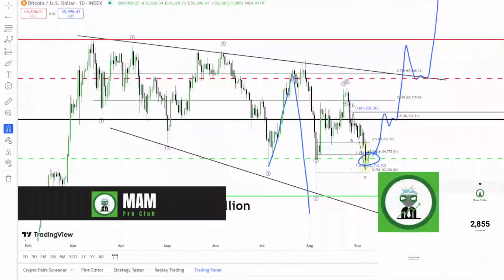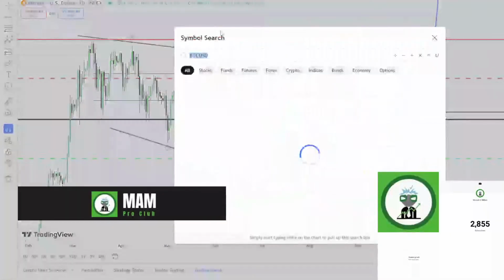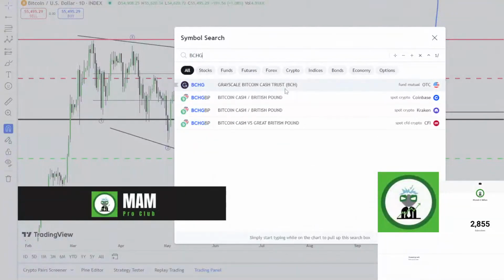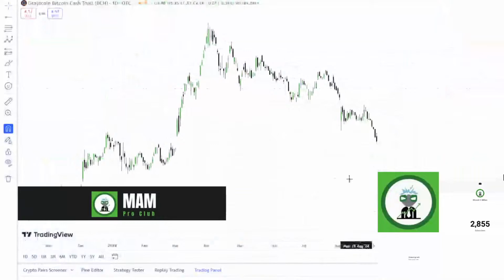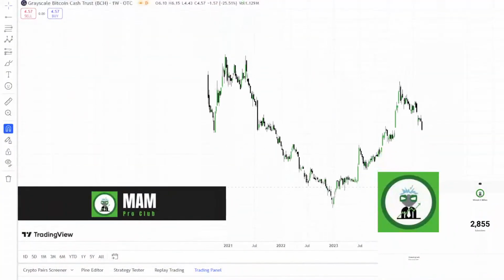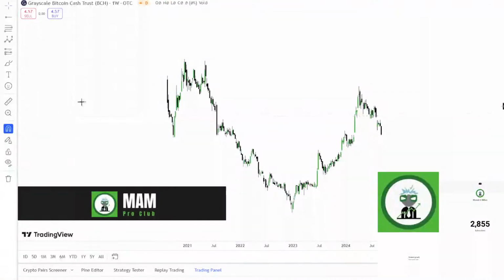Right, BCHG. Let's have a look on the higher time frame first.